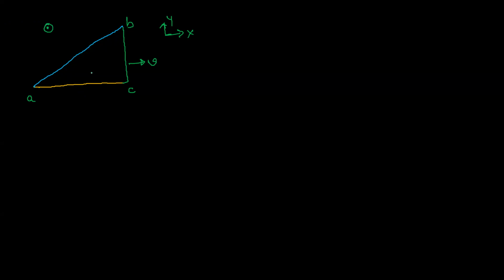That's why even though the loop is in motion, there is no change in the flux through that loop. That's why the EMF in the loop ABC is zero.